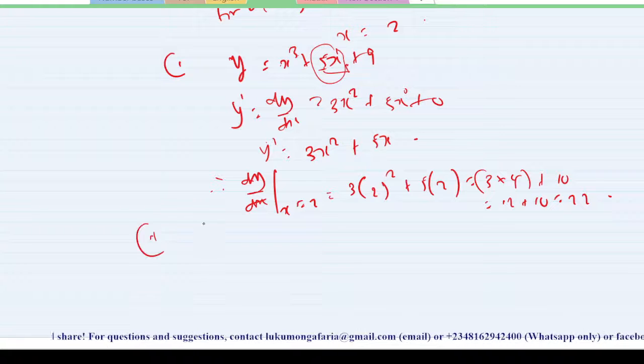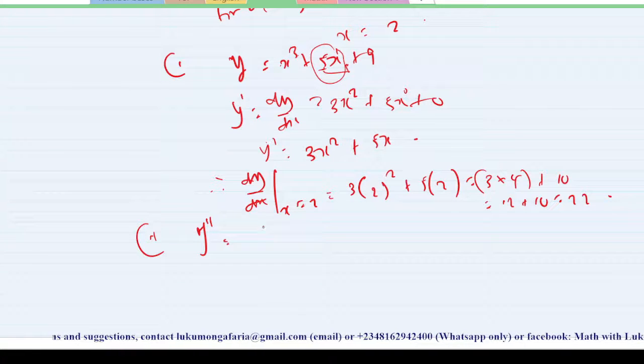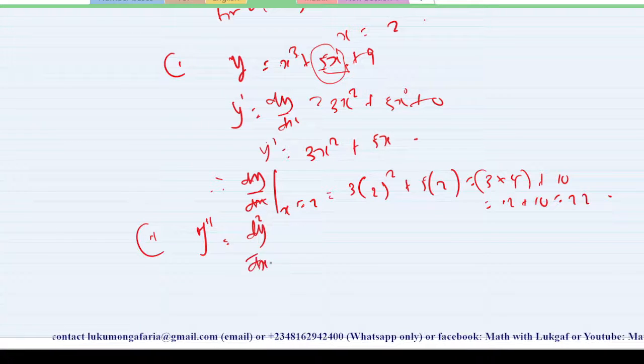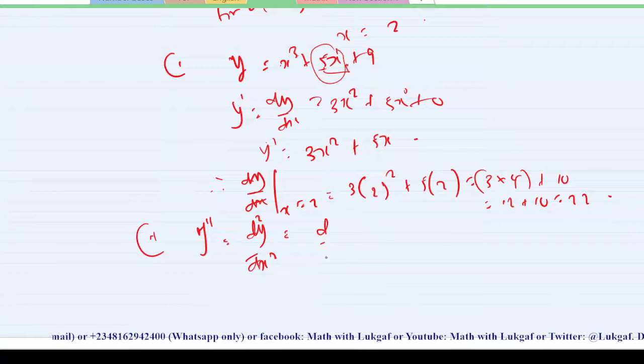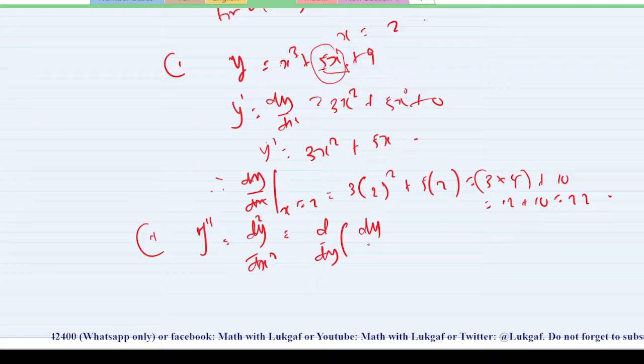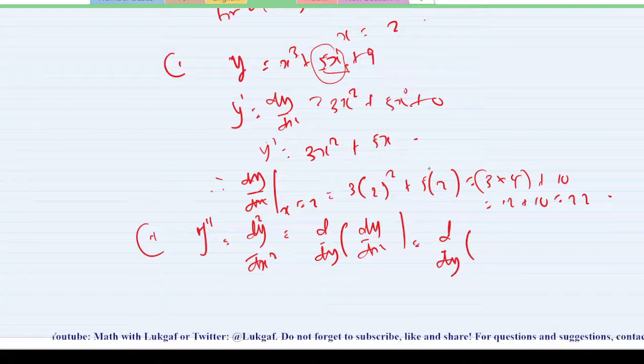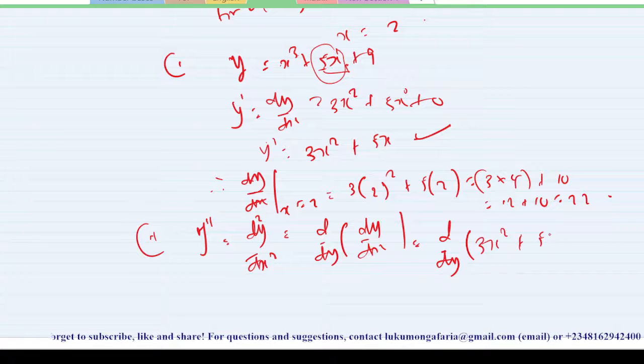Okay, let us find the second order derivative y prime prime, which is the same thing as d squared y dx squared. Remember, d squared y dx squared means to differentiate what we've differentiated before. That is differentiating the first order derivative. What did we obtain for our first order derivative? That's 3x squared plus 5.